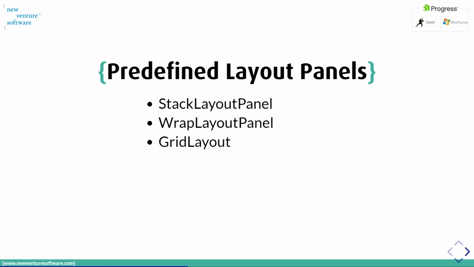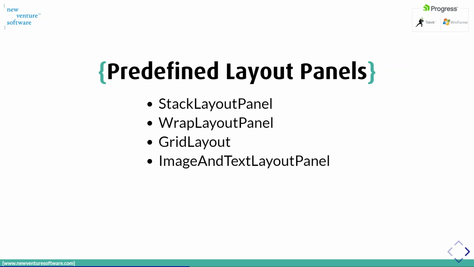Then we have the grid layout, which creates a tabular structure of rows and columns similar to a table in HTML. And it's a very powerful layout panel because it allows three different sizing models to be used for its rows and columns. So they can be fixed in size, they can be proportional, or they can automatically resize to fit their children.